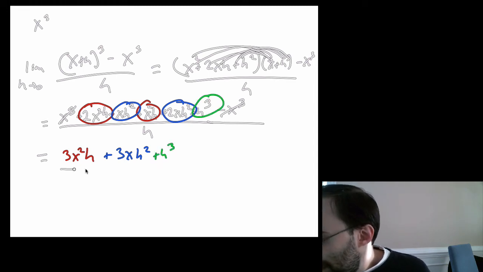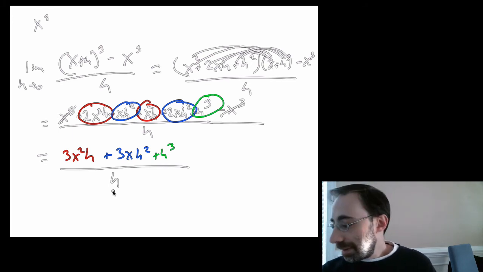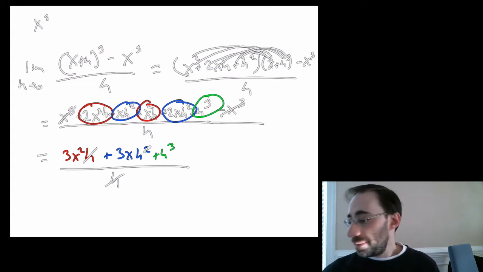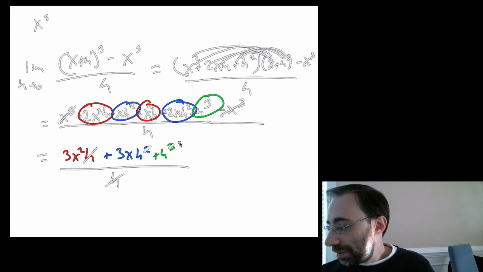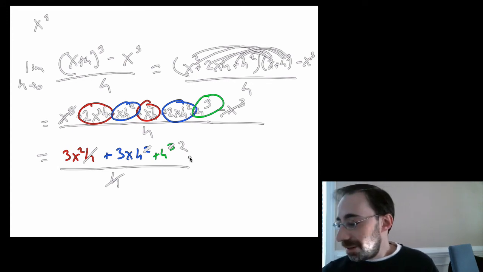And we divide all that by h. Okay. Well, these h's go away. This h squared goes away, becomes an h. And this h cubed becomes an h squared. Now let's put the limit back in again.